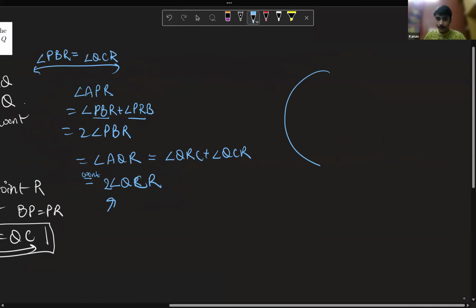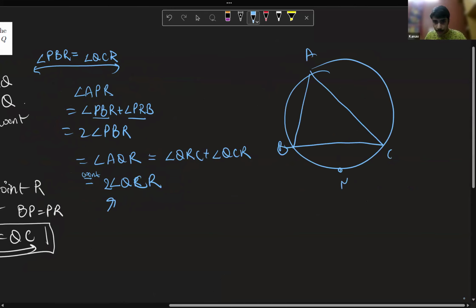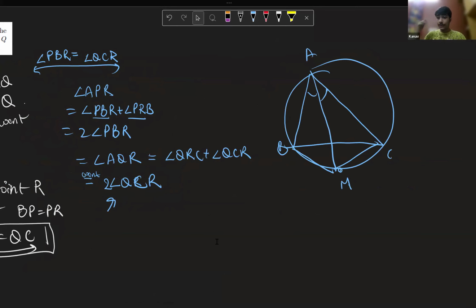If we have a circle, triangle ABC, and a midpoint of arc, point M, such that MB is equal to MC, we have that this angle is equal to this angle as well. This is also very useful. This has a quite easy proof.